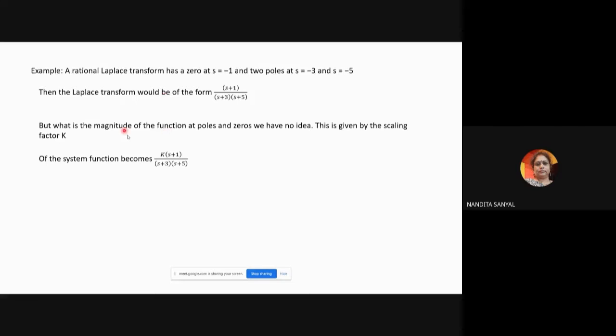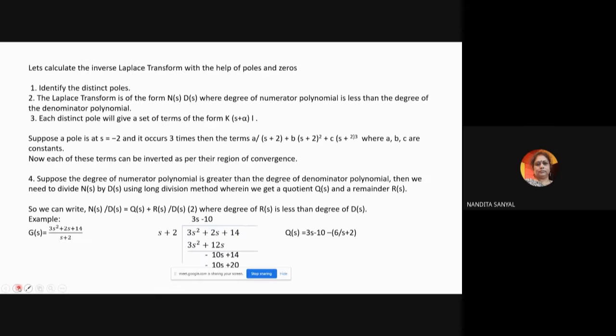But with this information, if we know about the poles and zeros, we cannot find the magnitude of the system function, that is also called the scaling factor, or in control systems it is called the gain of the system. So this k part is not known to us if we know the poles and zeros.